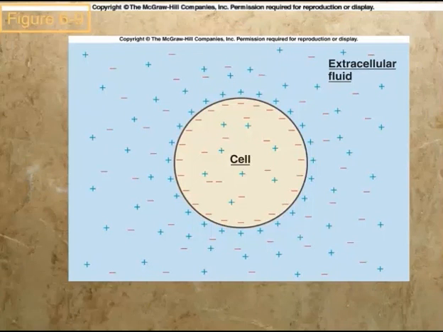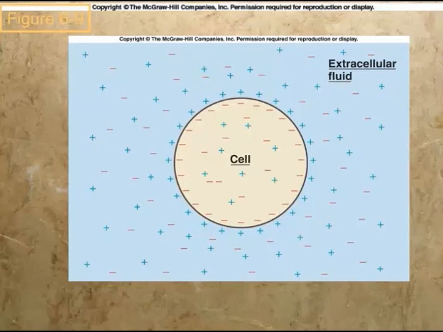Therefore, the excess negative charges inside the cell are attracted close to the cell membrane, and the excess positive charges that are present on the outside of the cell also move close to the cell membrane. Remember, it's when these charges are allowed to travel across the cell membrane and come together that they generate an action potential and potentially cause a cell to become electrically excited. We'll see how this is accomplished in a short time here.